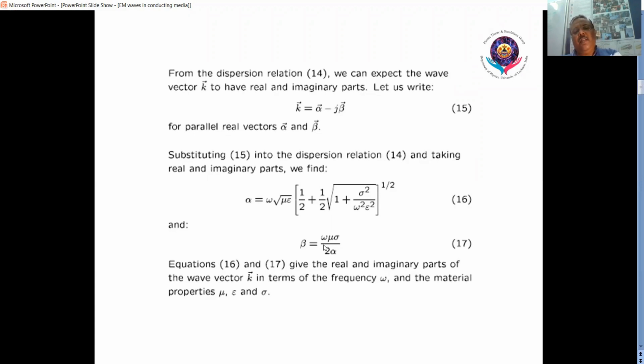And we substitute this value of wave vector from equation 15 into the dispersion relation and equate the real and imaginary parts on both sides. We get the values of alpha and beta as given by equations 16 and 17. This is simple mathematics.